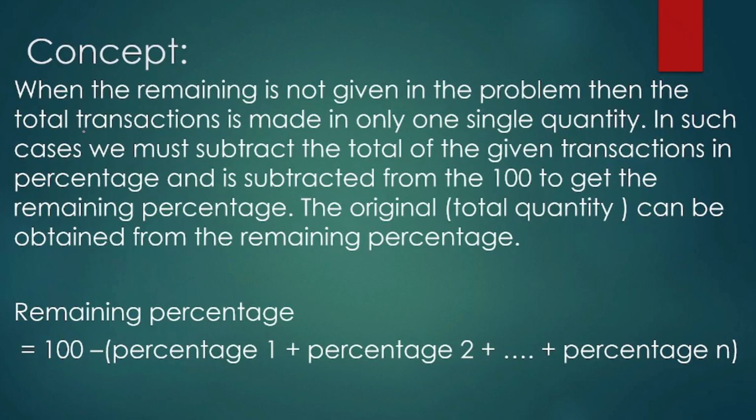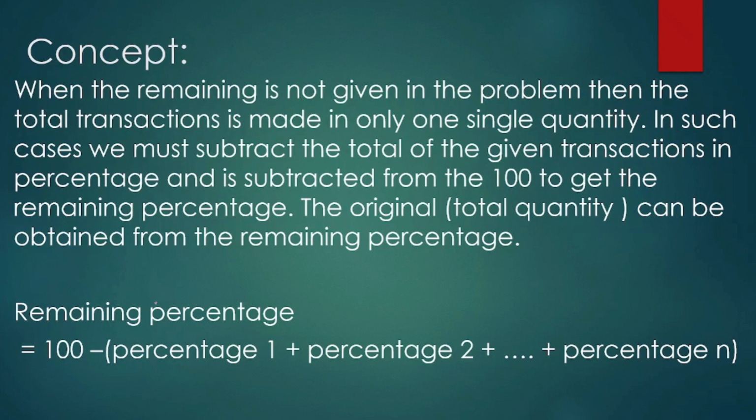From this problem, when the remaining is not given in the problem, then the transactions are made only on a single quantity, that is 100%. In such cases, we must subtract the total given transactions or percentages from the 100, and this is used with the given value to get the original value.